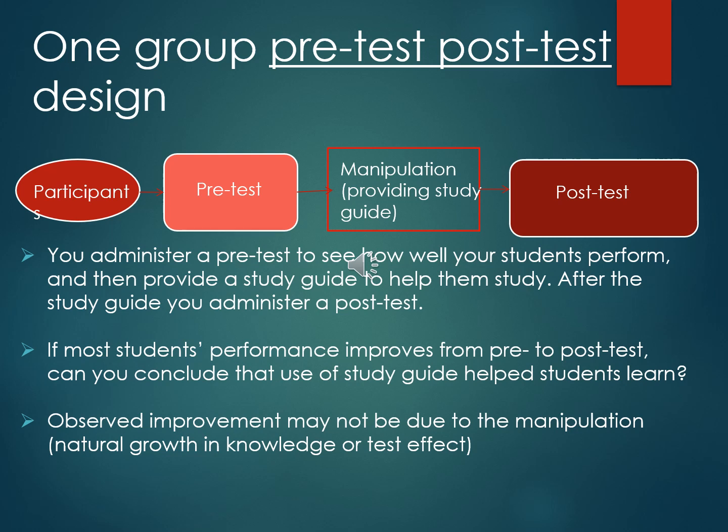This is better than the last study because you have a comparison between post-test and pre-test. However, this improvement of post-test performance over the pre-test could be due to the repeated exposure to the same concept or idea, not due to having the study guide available.